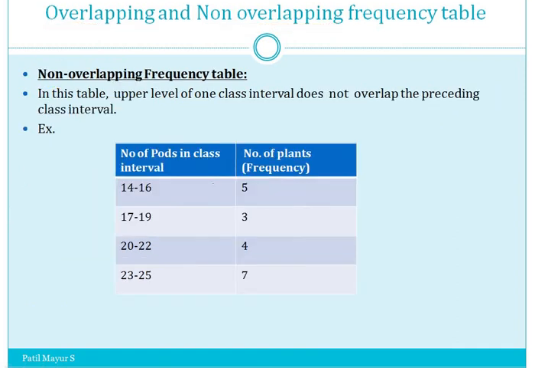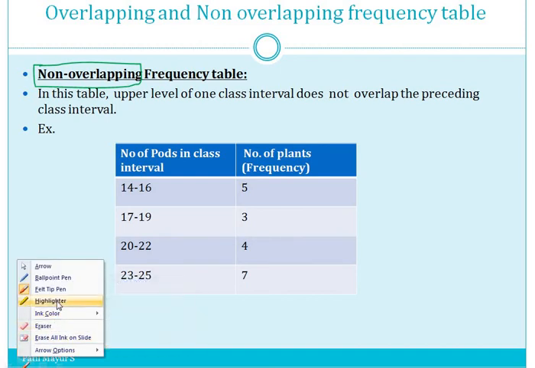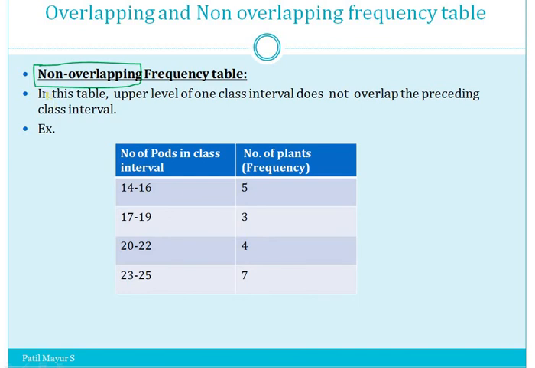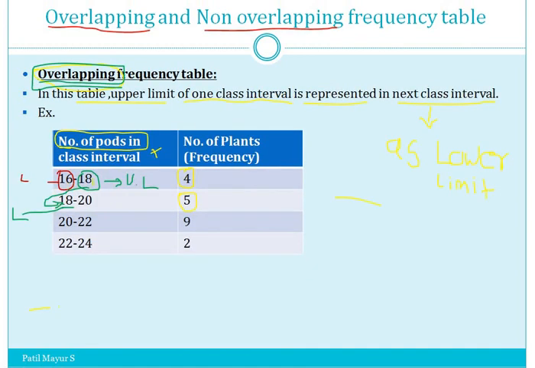Second is the non-overlapping frequency table. Here exactly the opposite case is there. The upper limit of one class interval does not overlap the preceding class interval. Earlier we saw 16 to 18 and the next started from 18.